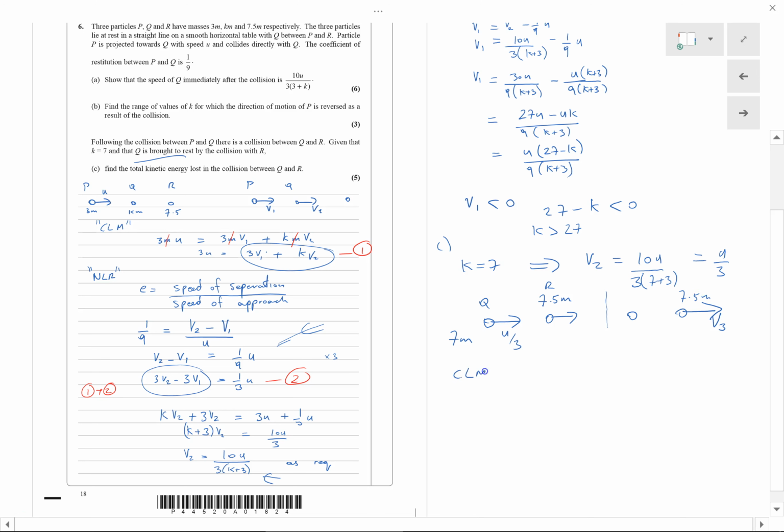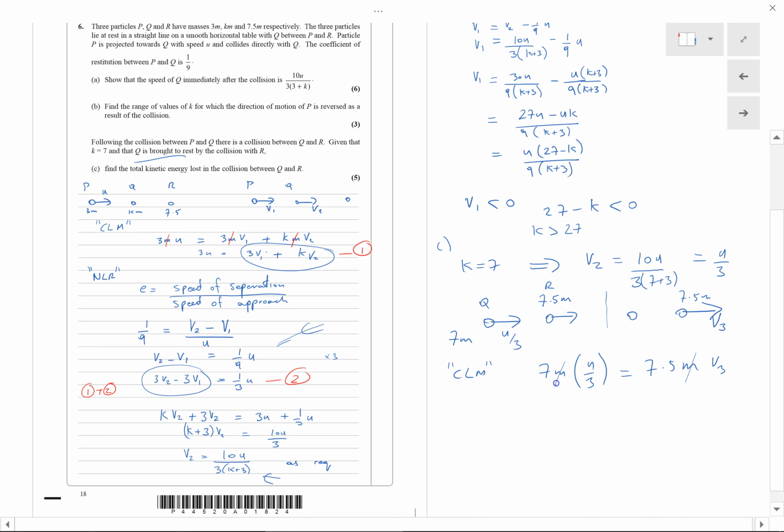So conservation of linear momentum again. Quite a nice simple case of this. We've got 7mu over 3 is equal to, because this one's stationary, so no momentum there. And now in the after situation, this one is now stationary, so it's just 7.5 m v3.